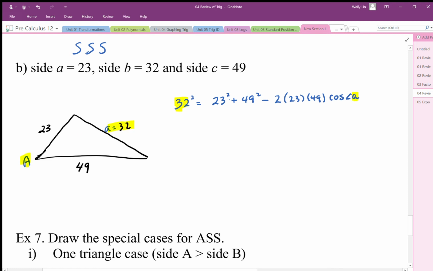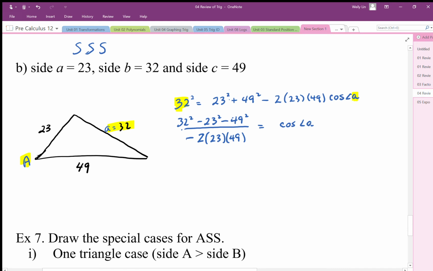Then when I rewrite this, I get 32 squared minus 23 squared minus 49 squared, all divided by negative 2 times 23 times 49. That's going to be the cosine of angle A.